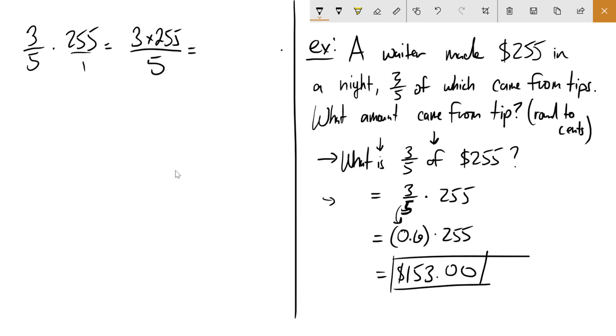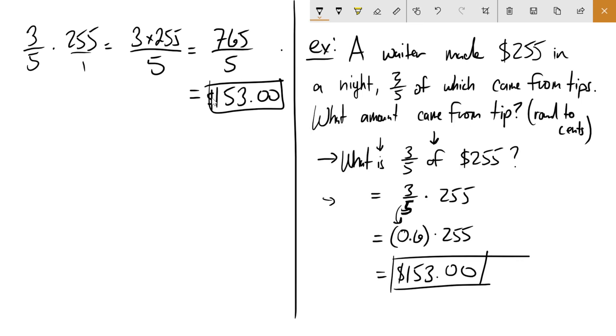So 3 times 255 is 765. And then if you divide that by 5, that's going to give you 153. Could you also just do 255 divided by 5? You could. That's 51, and then multiply that by 3. Exactly.